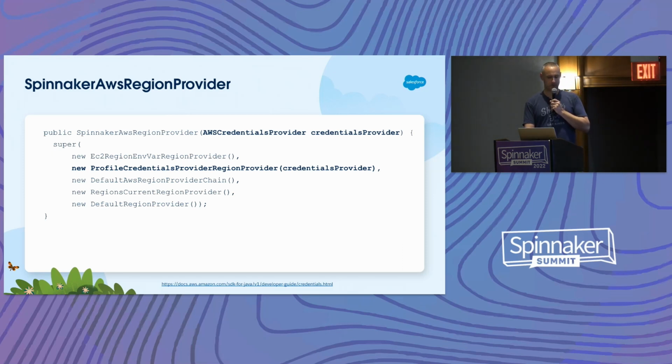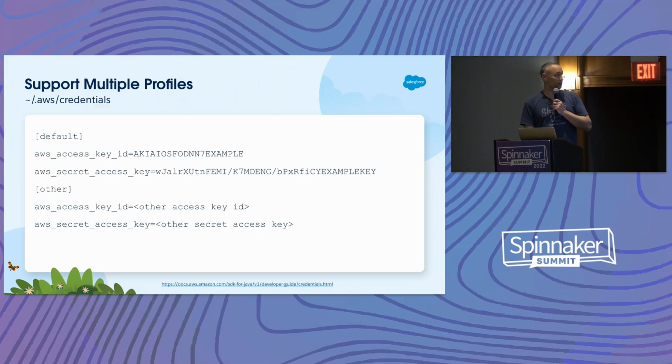So this, in addition to using the profile credentials provider with different profile names, is the way that we ended up enabling multiple profiles. So let's see how to configure it, with a caveat here that people are free to get secret information into their CloudDriver however they want.